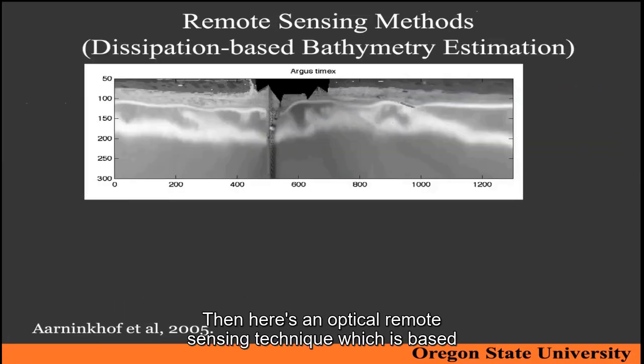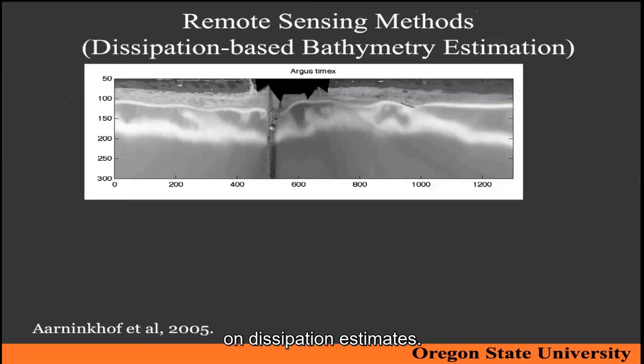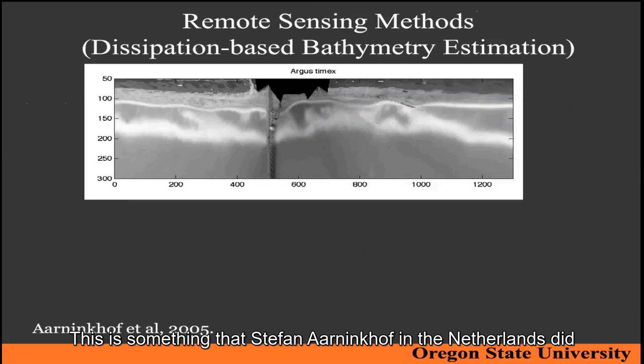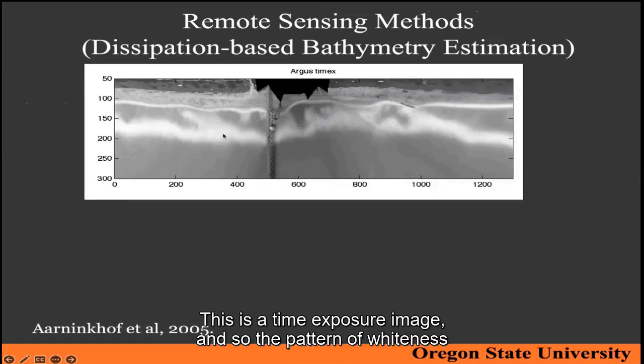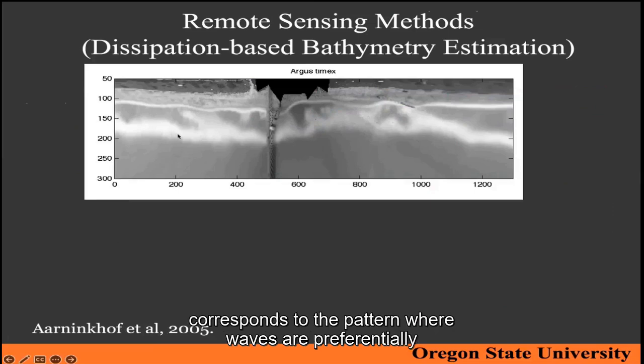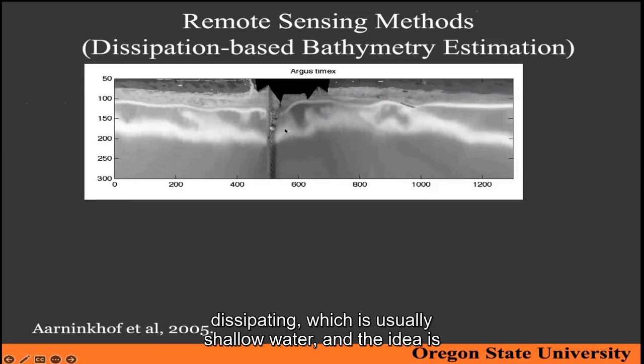Then here's an optical remote sensing technique, which is based on dissipation estimates. This is something that Stefan Aarninkhof in the Netherlands did as part of his PhD thesis. This is a time exposure image. And so the pattern of whiteness corresponds to the pattern where waves are preferentially dissipating, which is usually shallow water.